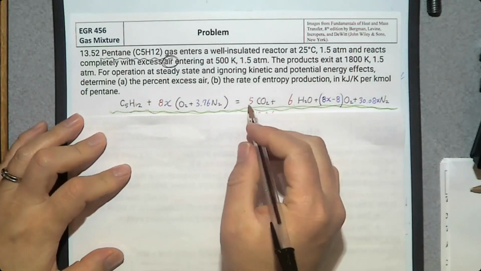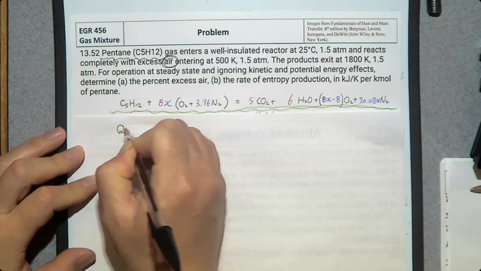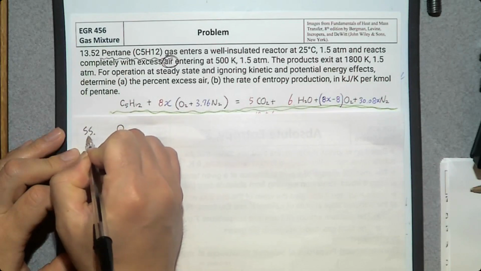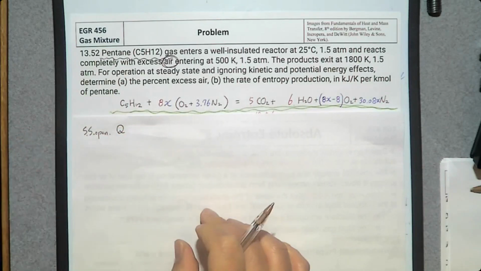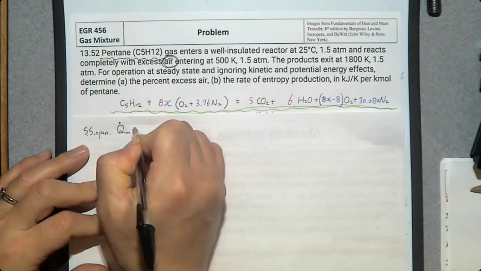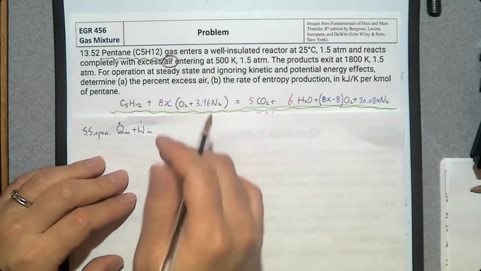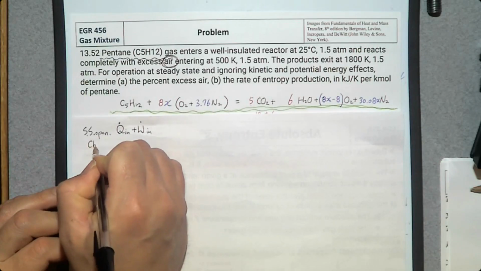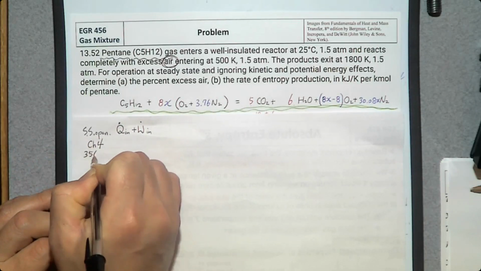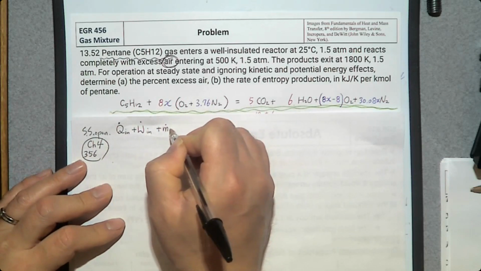The energy balance equation is simple. If you have a steady state open system, the energy balance equation is Q dot in plus W dot in. This is from Thermodynamics 1. I'm writing the general energy balance equation for steady state open system that you studied in chapter 4, plus M dot at the inlet.